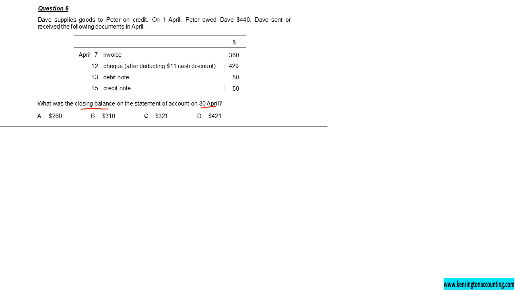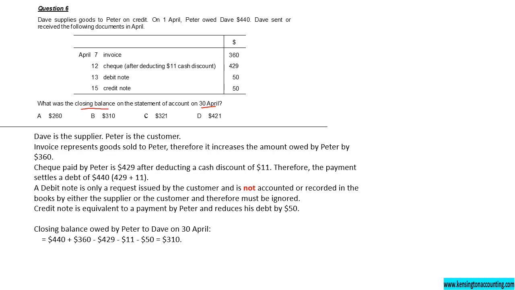During the month, Dave sent and received the following. Now, there are 4 items here. Let's look at each item, one by one, and see what is the effect of each item on the balance owed by Peter to Dave.